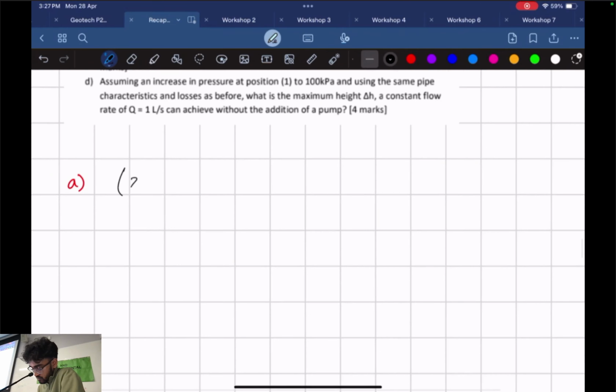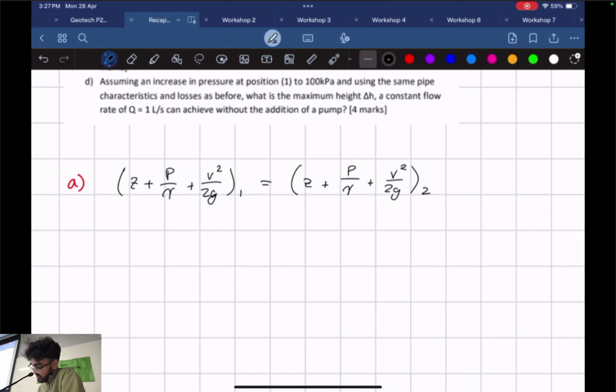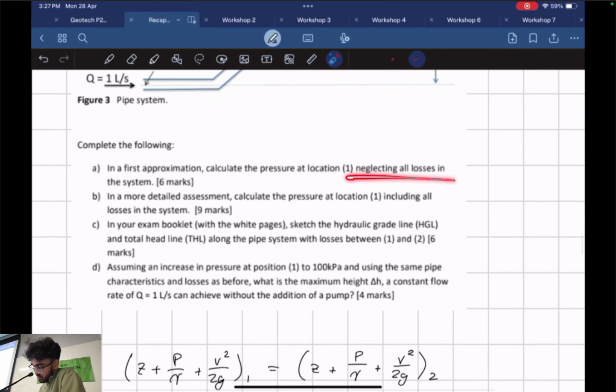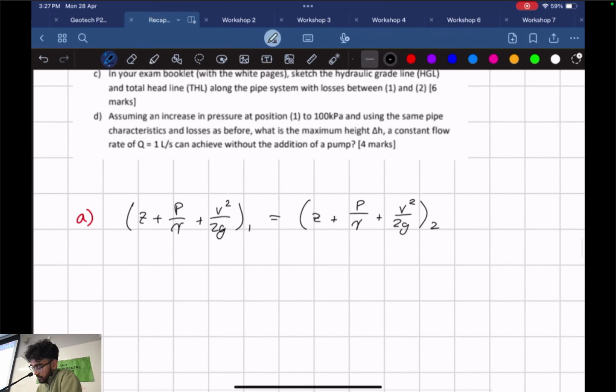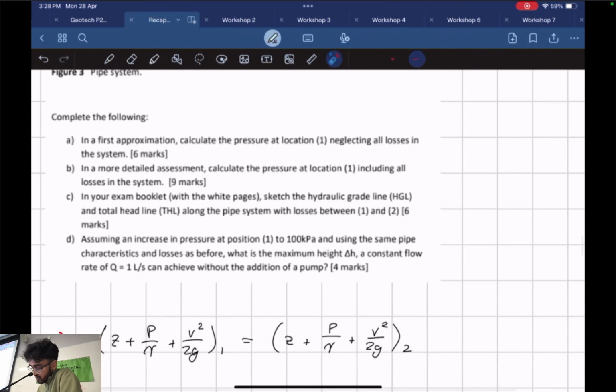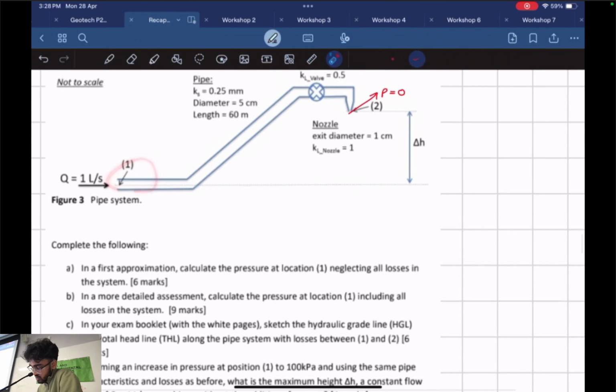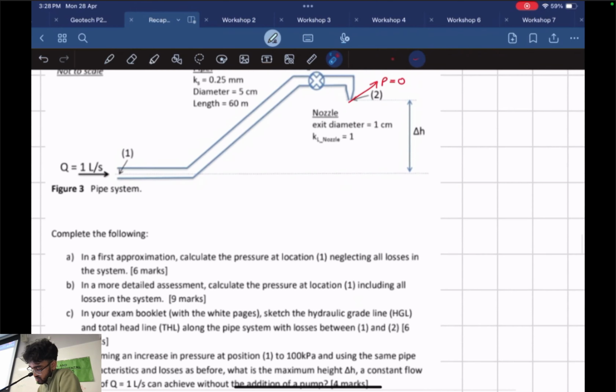So P over rho g plus V squared on 2g plus Z at 1 is equal to the same at 2. The reason I can say this is because they've told us neglecting all losses in the system. Okay. So we're going to have to find V1 and V2.